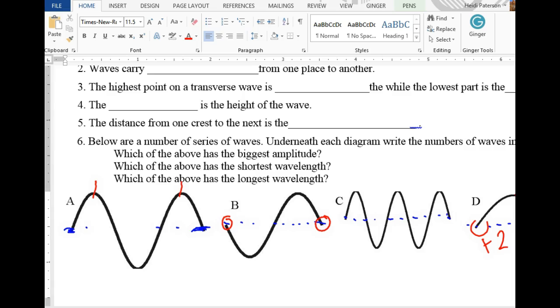So please measure wavelengths and then determine which has the shortest wavelength and which has the longest wavelength.